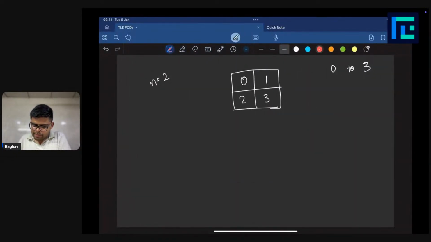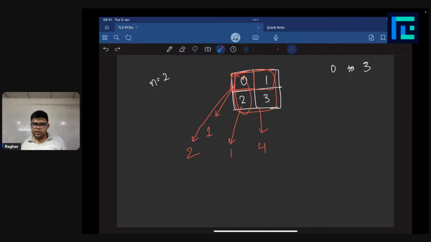In this case, there is this one subgrid having MEX 1, this subgrid having MEX 2, a subgrid with MEX 1, and this subgrid with MEX 4. For all the other subgrids which are not having 0, the MEX value is just simply 0. So obviously we don't really need to count all these subgrids.